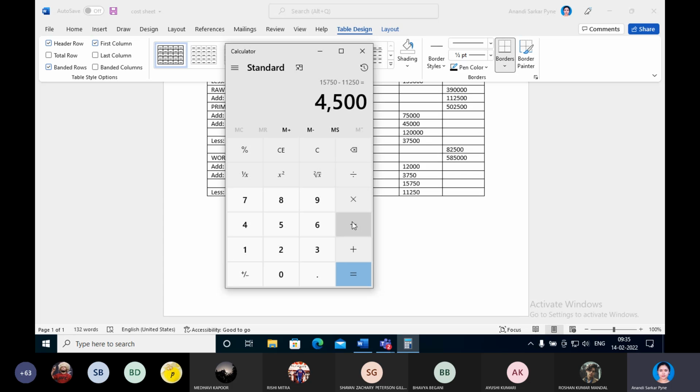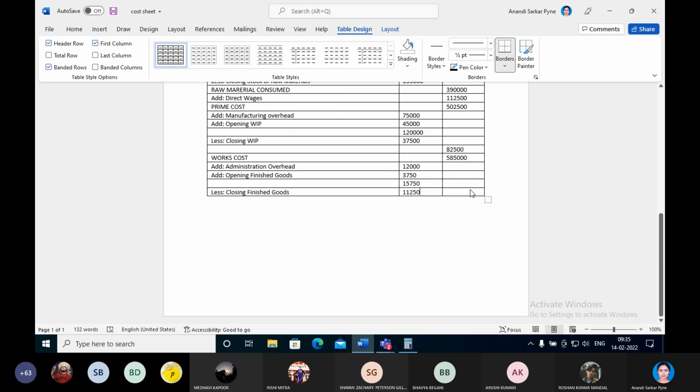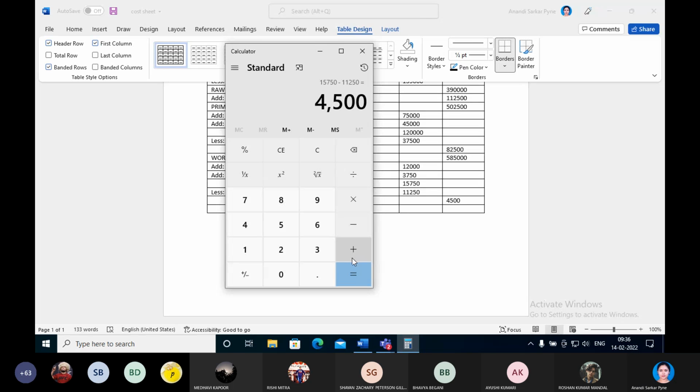So what you get is 4,500. You add 4,500 with 5,85,000. So what you get is cost of production.